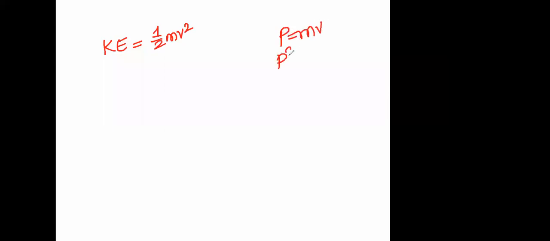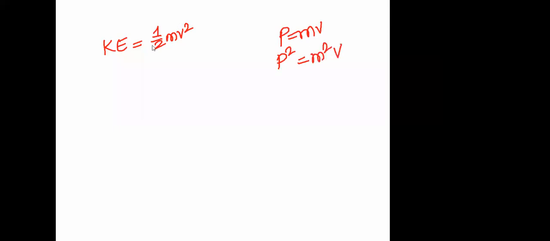Next, what is kinetic energy? Kinetic energy KE is equal to half mv square. Momentum P is equal to m into v, so I am squaring this momentum: P square is equal to m square v square.